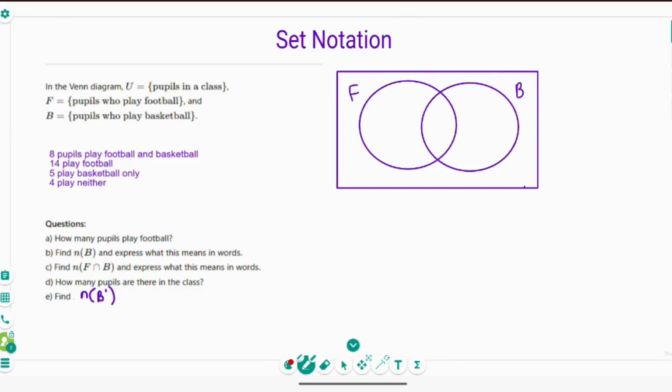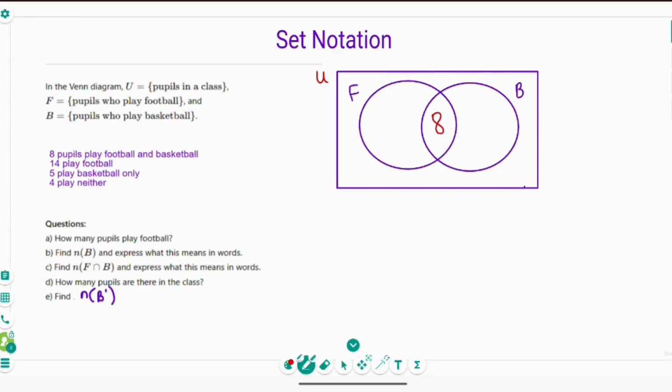Okay, so we have in the Venn diagram, U represents pupils in a class, F pupils who play football, and B pupils who play basketball. 8 pupils play football and basketball. I always like to start with the overlap anyway, and the first sentence represents the overlap. 8 goes here. 14 play football.